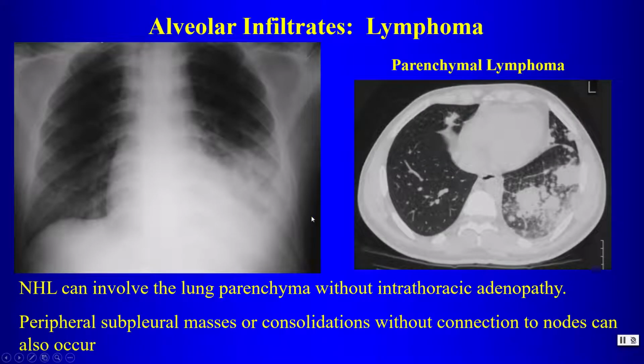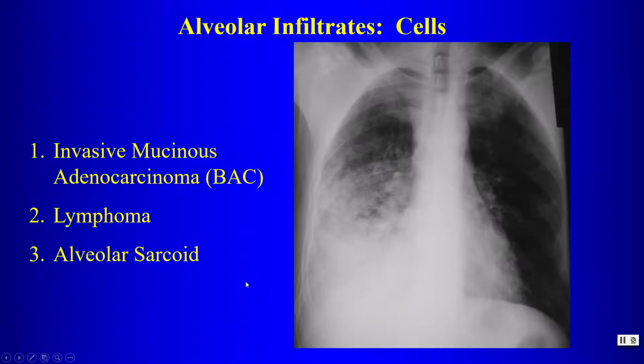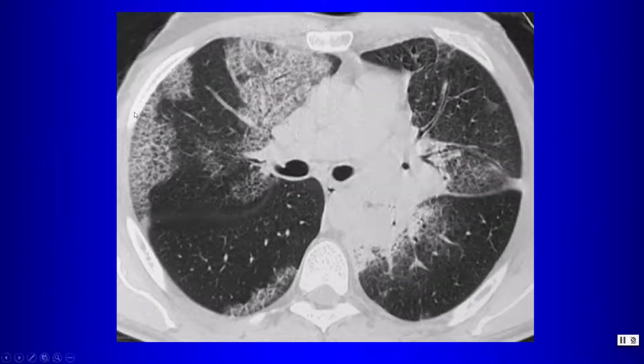We can also have non-Hodgkin's lymphoma. There you don't have to have lymphadenopathy, so non-Hodgkin's can also give you airspace disease, as in this example here. So for cells then, for alveolar consolidations or airspace disease, air bronchograms, we can think about invasive mucinous adenocarcinoma, lymphoma, alveolar sarcoid.